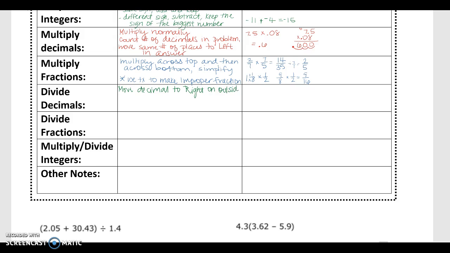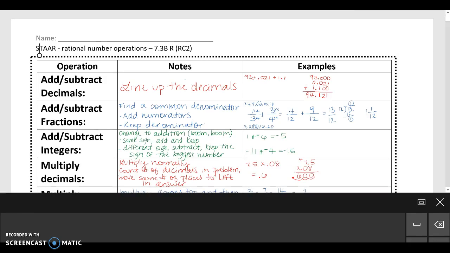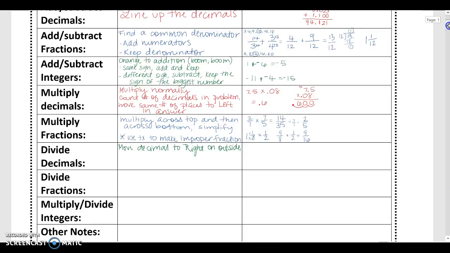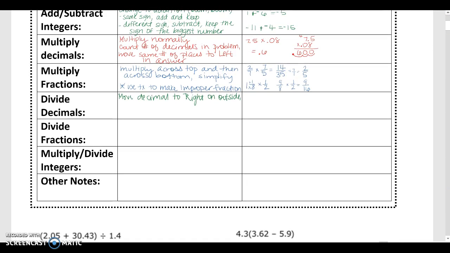So on the outside number, then, darn it, this always happens, huh? Okay, so then you're going to move the decimal the same number to the right on the inside, and then you're going to raise it to the roof.